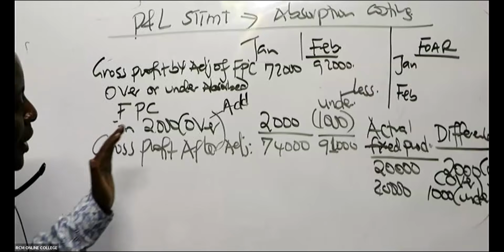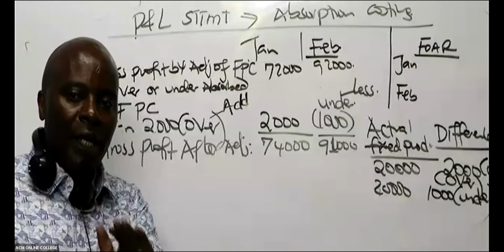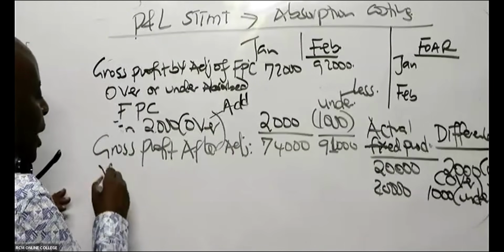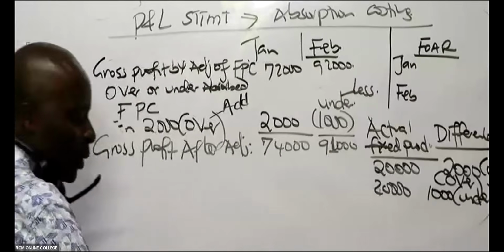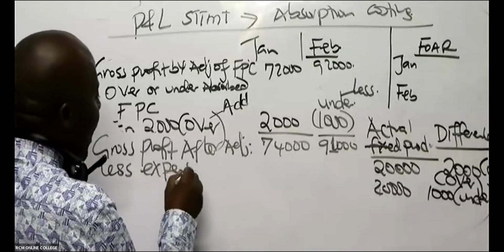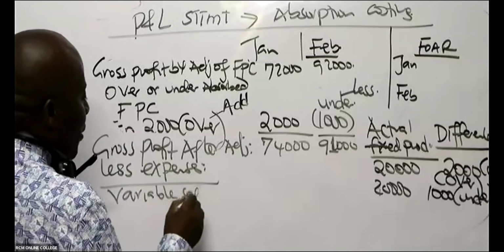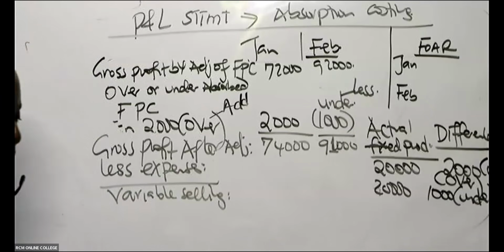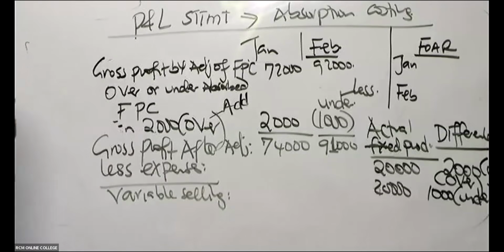expenses. Now, remember, this is post-production. So post-production, now we bring on board the selling expenses. And there are two. We have variable selling and a fixed selling. So you say less expenses. Variable selling, are you able to see the variable selling per unit?